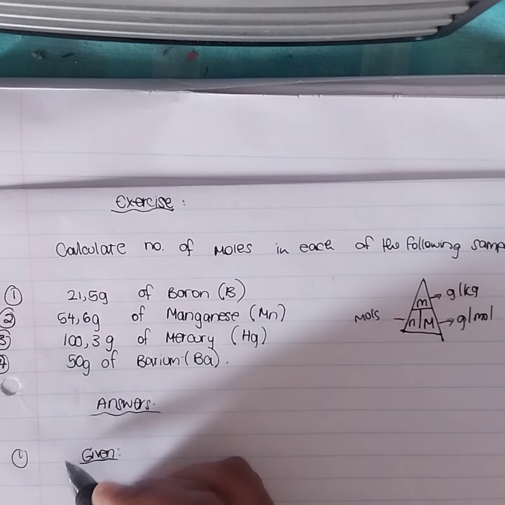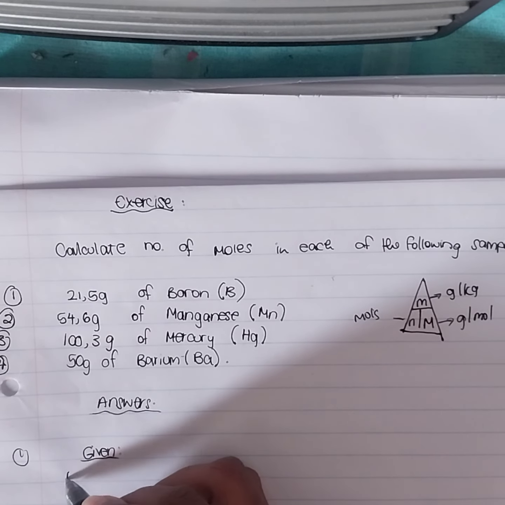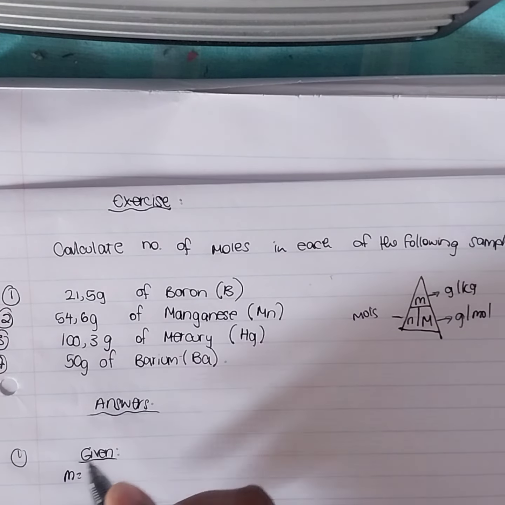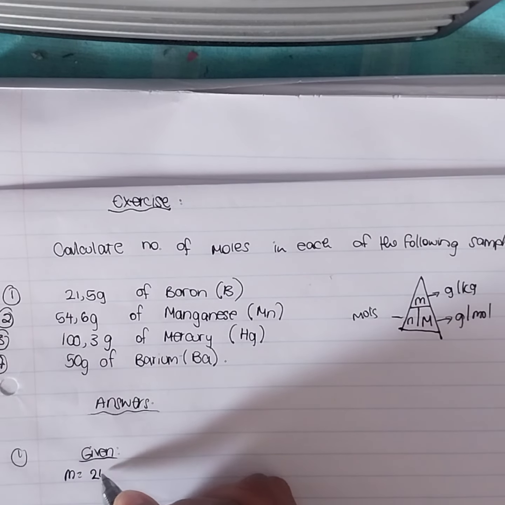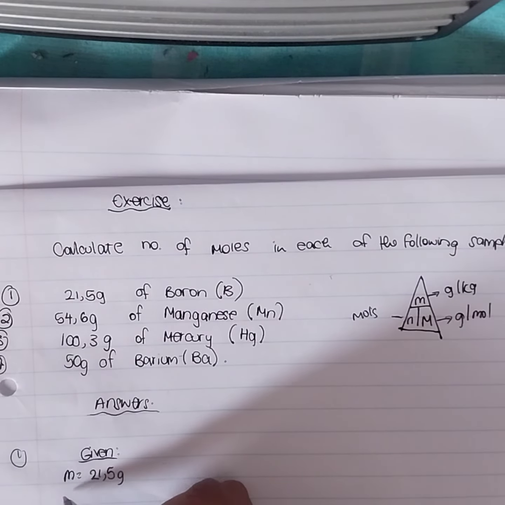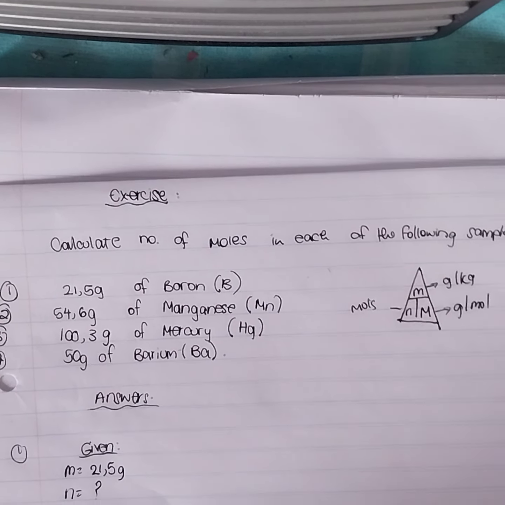Remember, your m is usually in grams or kilograms. So you have 21.5 grams. Your molar mass, which we are now going to calculate. We don't have the small letter n, so we're just going to leave that there.